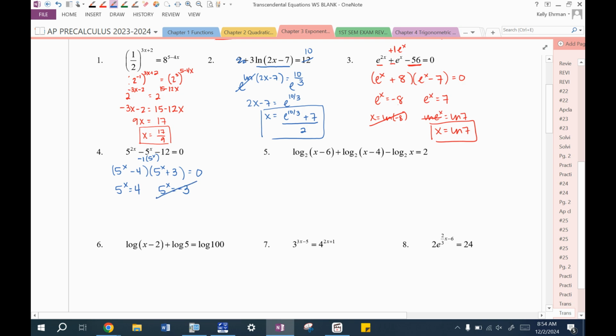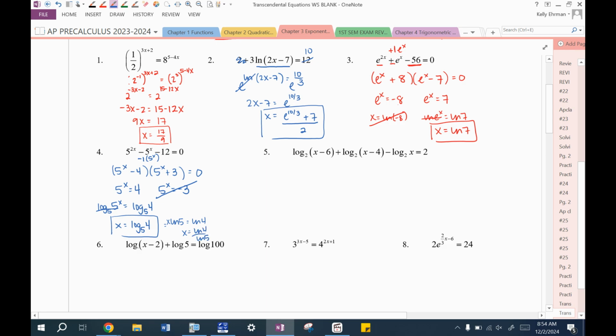from here. From this one, you could log base 5 both sides. This is how we're doing it in our notes. You can log base 5 both sides so that you get x equals log base 5 of 4. Or if you prefer, you could natural log both sides, it would be like x ln of 5 equals ln of 4, natural log of 4 over natural log of 5.